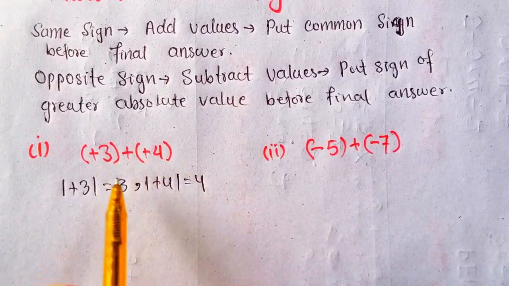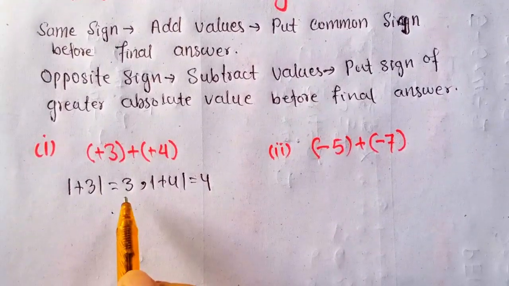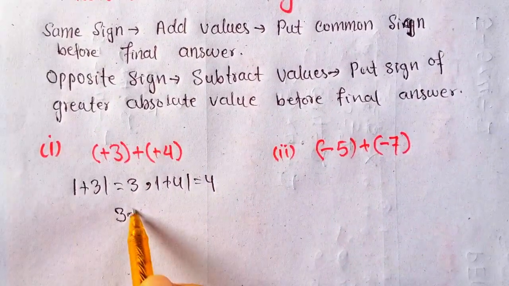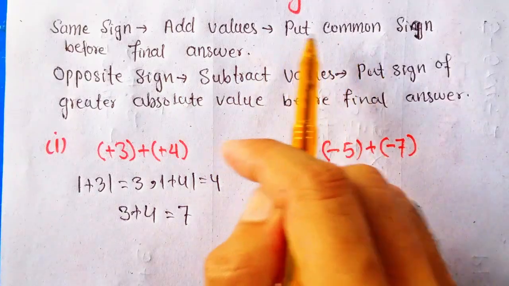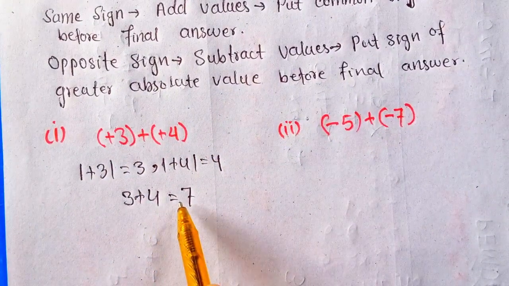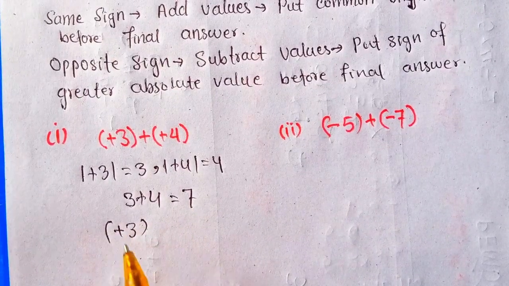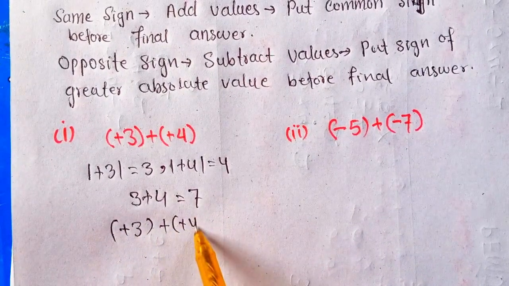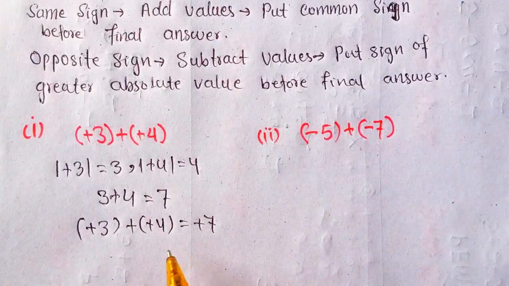As the two numbers have the same positive sign, we will add the absolute values: 3 plus 4 equals 7. Now we will put the common sign before the final answer, which is the positive sign. So positive 3 plus positive 4 equals positive 7. Right, so this is our answer.